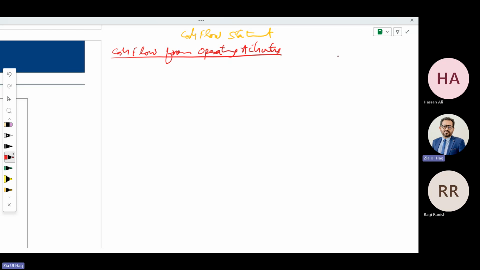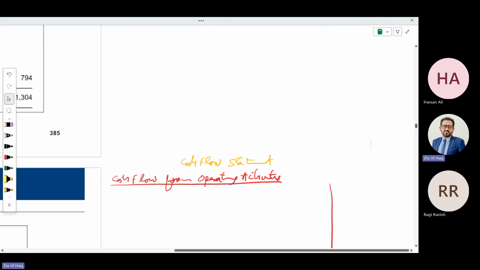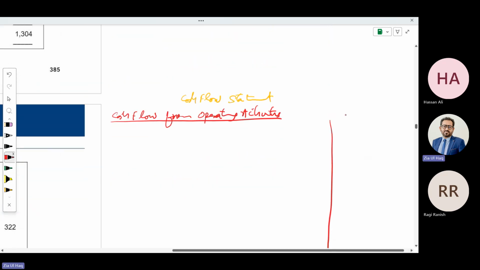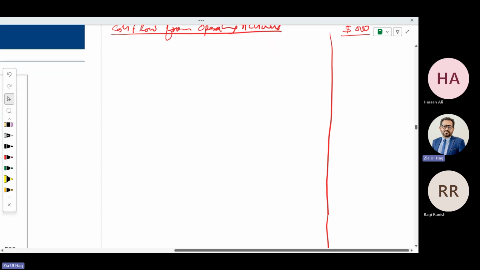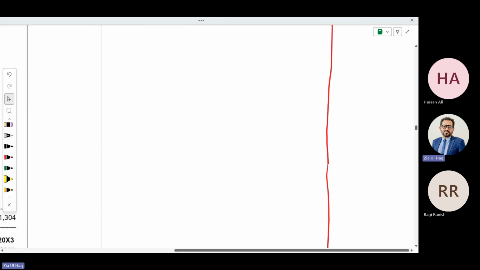Here we can put a column. We will put figures in thousands. Leave some space and then put a heading, cash flow from investing activities.